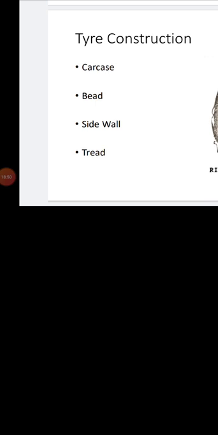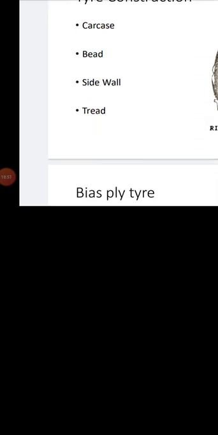So this is the main part which contacts the road surface, so it has to resist so many forces, mainly traction. If we provide better quality of tread to the tire, that will give you better traction force.